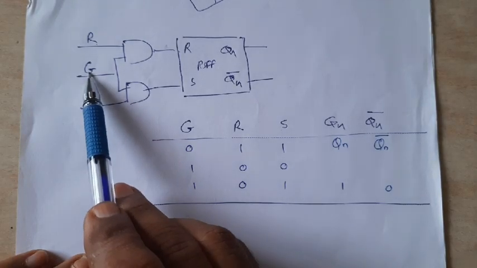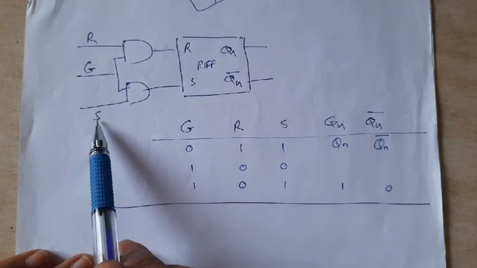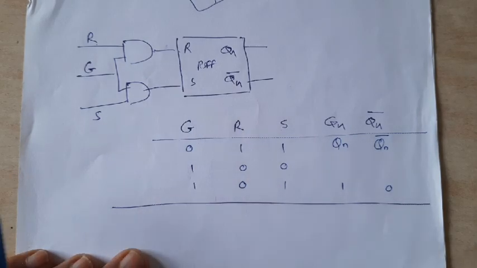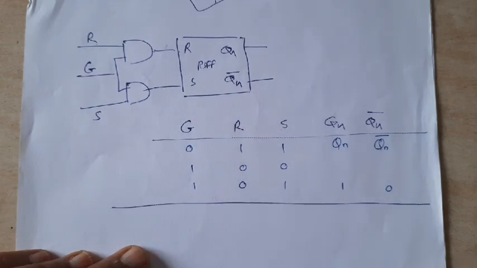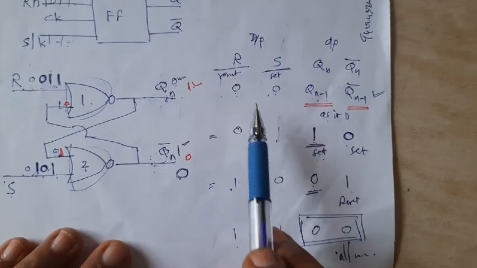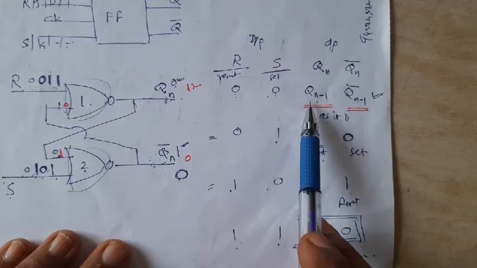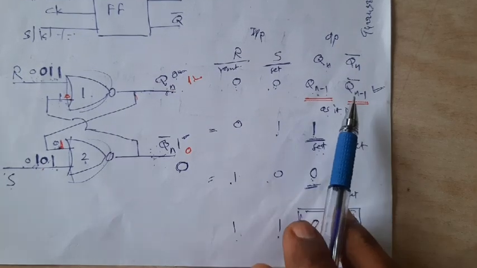Similarly, if gate is 0, then irrespective of S, the S input of the RS flip-flop is 0, right? And we already know that in case of RS flip-flop, if R and S inputs are 0, 0, then the output is as it is, the previous state.